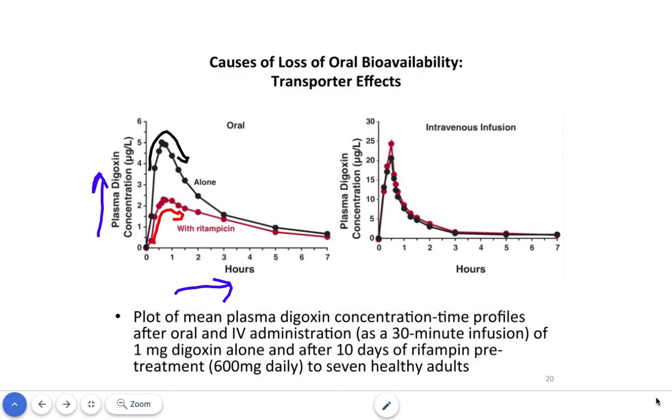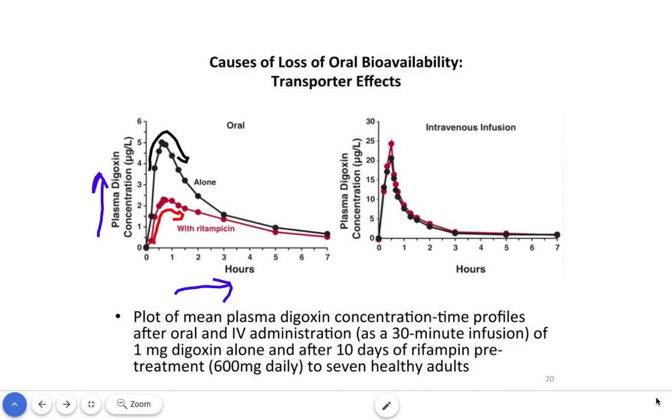The rifampicin treatment, when given as a pre-treatment during the study, actually led to a decrease, and digoxin is also given orally.